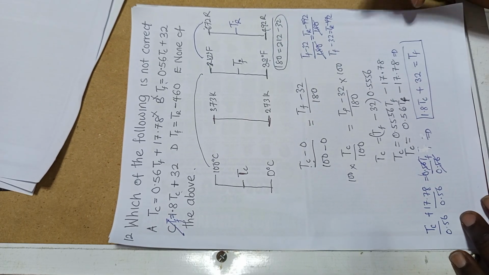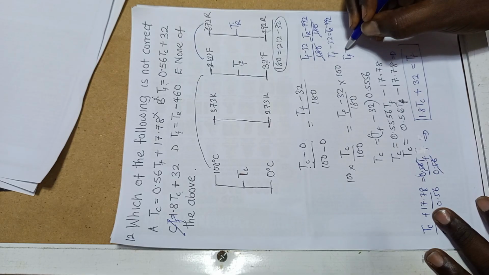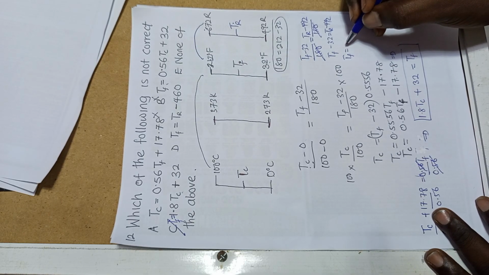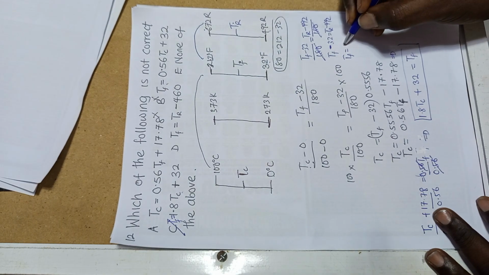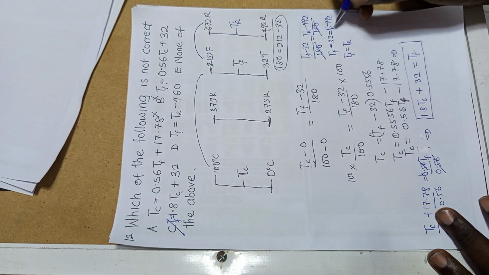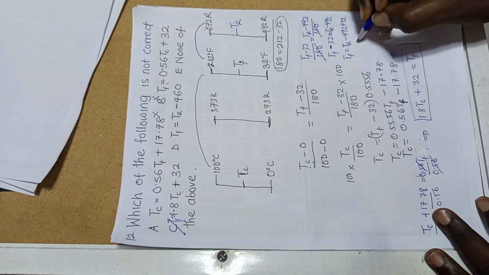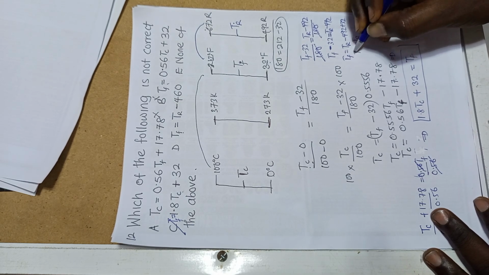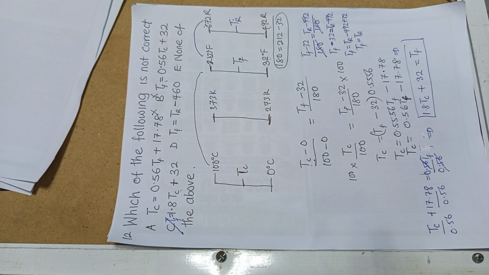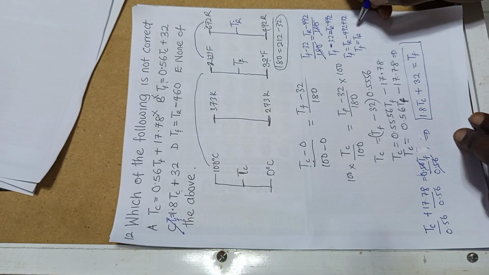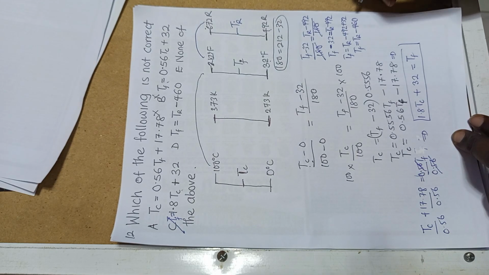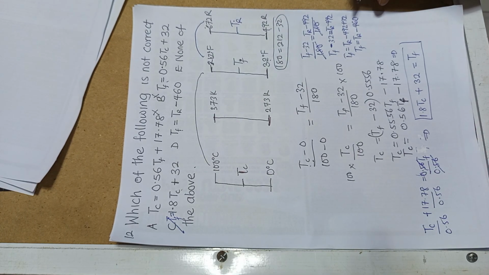So what do we do? Let's make TF the subject of the formula. Let's take this minus 32 to the other side. TF equals TR minus 492 plus 32, which is TR minus 460.